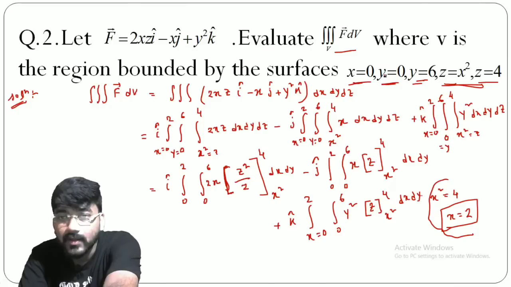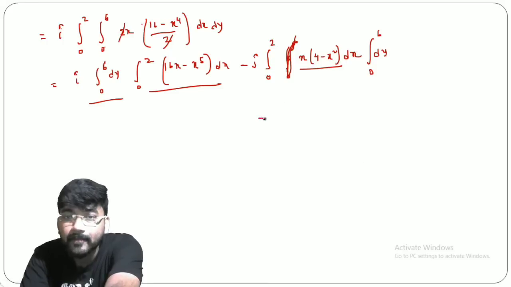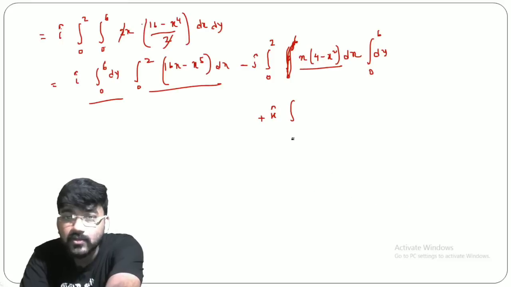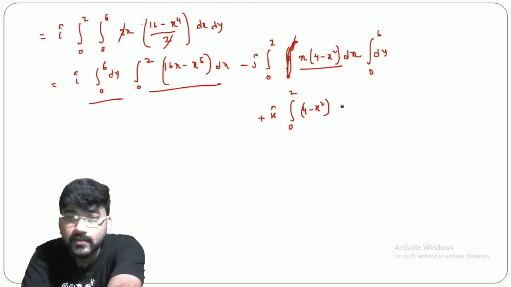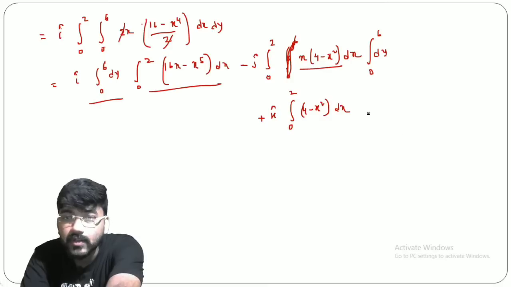Okay, and the last term that we have is for k cap. So here also 4 minus x square, but here it is y square, so y square dy will be different. So we have plus k cap into the integration 0 to 2, 4 minus x square dx, and y square dy 0 to 6.